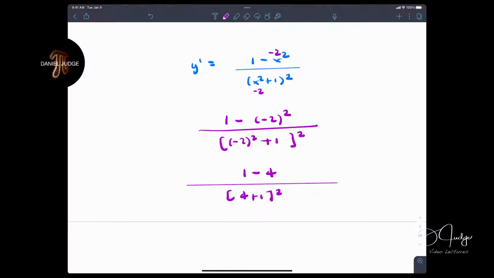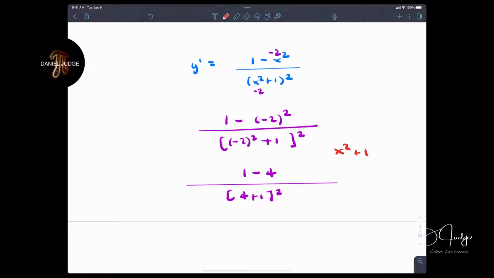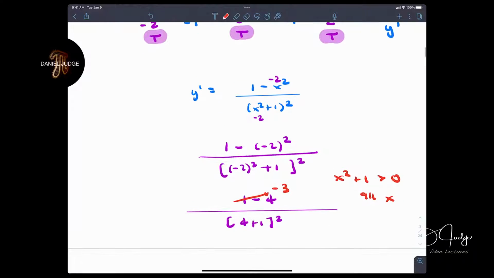In fact, it's positive all the time for any real number. That denominator, x squared plus 1, is greater than 0 for all x. It's the numerator that's negative, though, because 1 minus 4 is a -3. So a negative over a positive will give you a negative.